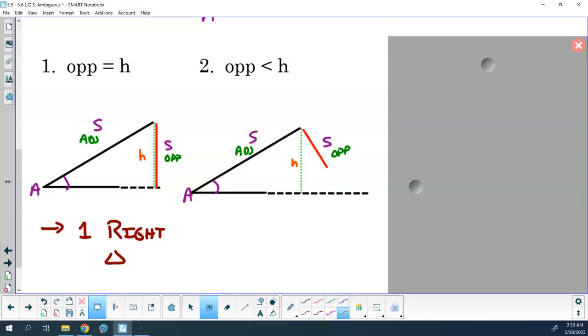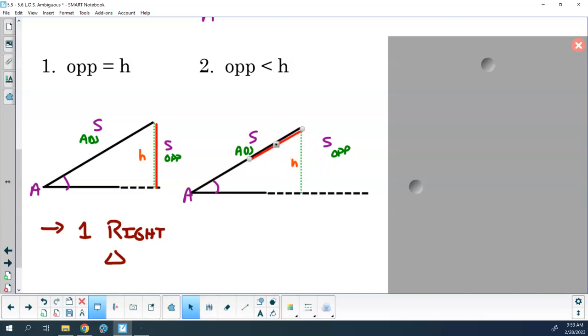Second scenario says that the opposite side is smaller than the height. In this case, if that is truly the case, this side would swing through here, but would it ever complete that triangle?